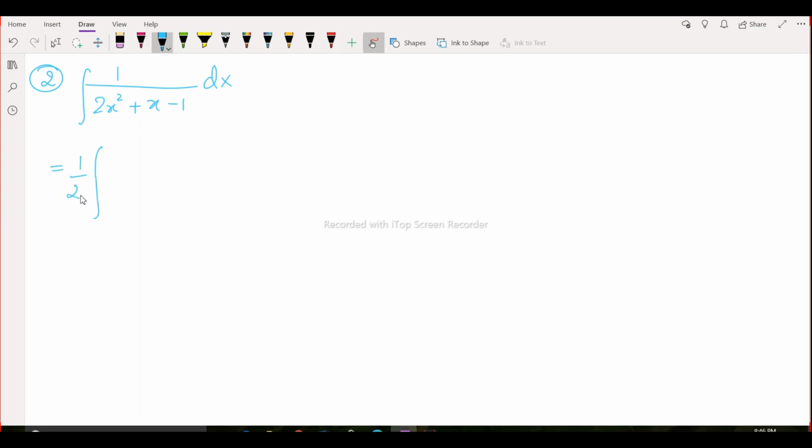So I'll have 1 by 2, 1 upon, now I'll have x square plus x by 2 minus 1 by 2. I hope you got this step. You are just taking 2 common out from all of this. Now the coefficient of x here is half. So I'll have half, you divide half by 2, you get 1 by 4. You square this, you get 1 by 16.